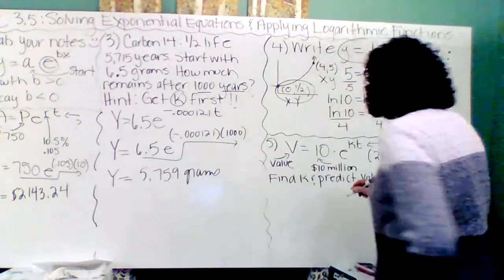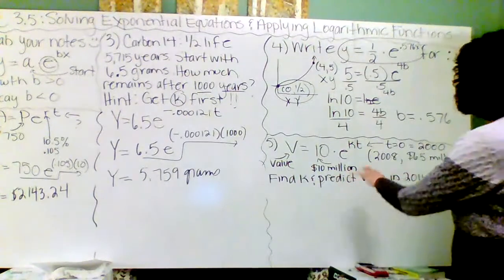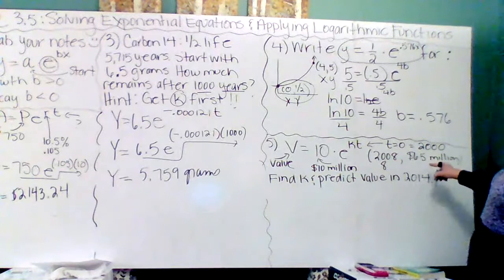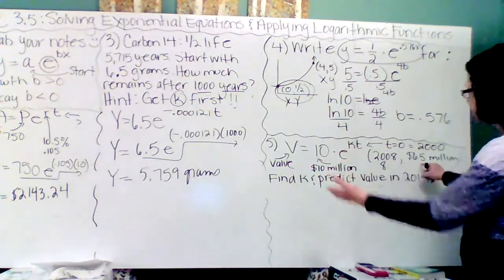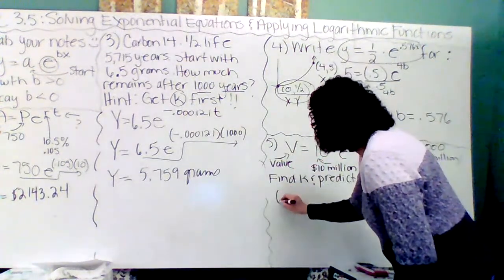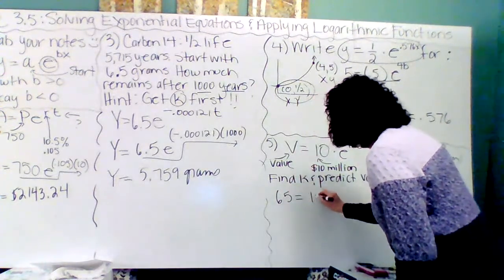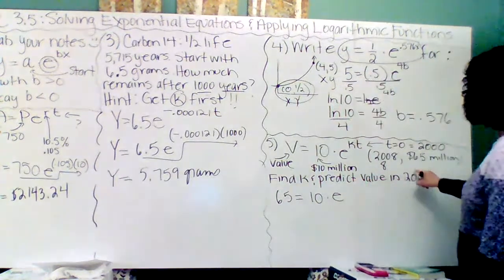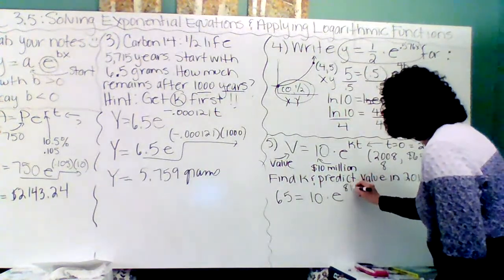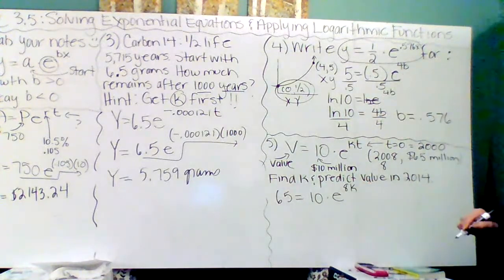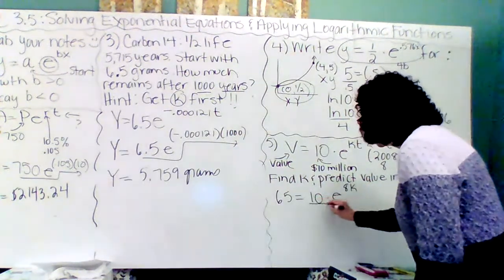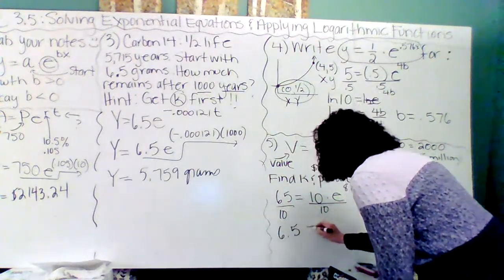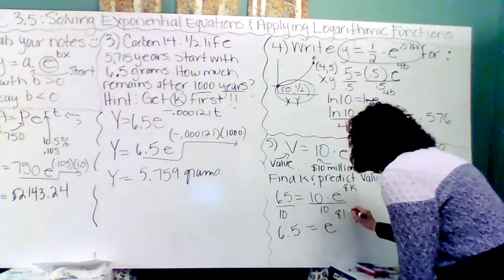So the first thing we're going to do is put this point in, right? At a time of 8, 2008, the output, the value, is 65 million. So I'm going to put 65 for the value equals 10 times E to the 8K, and I'm trying to find the K. Okay, let's divide both sides by 10. And I get 6.5 equals E to the 8K.